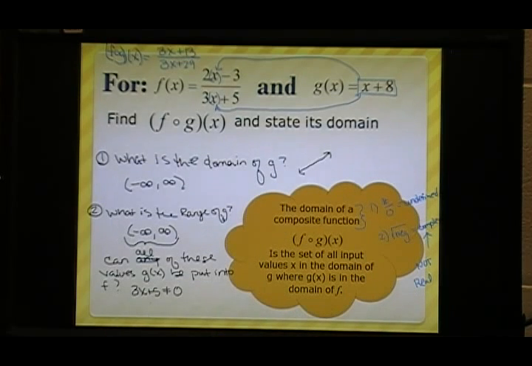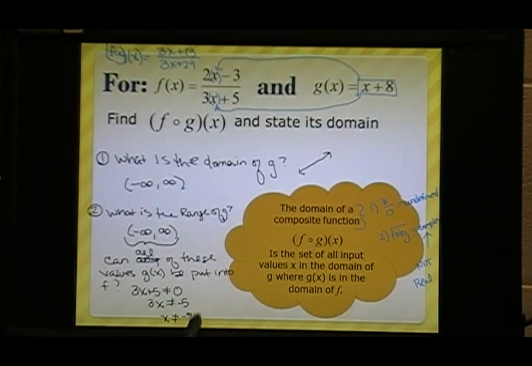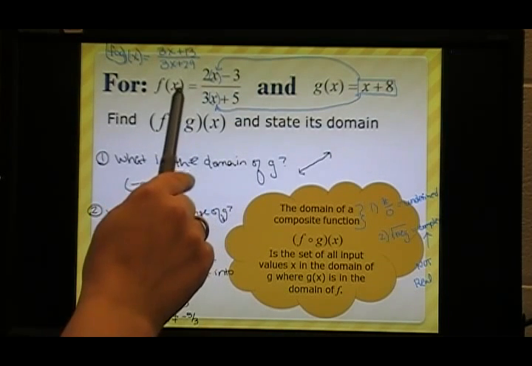And so because of that, 3x cannot be negative 5, or x cannot equal negative 5/3. But what this is telling me is that I have to make sure that I don't ever try to substitute negative 5/3 into this function f.